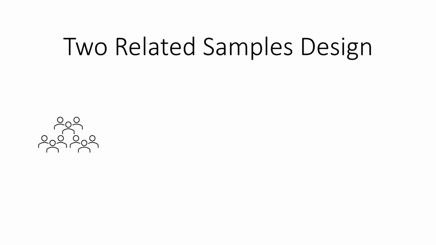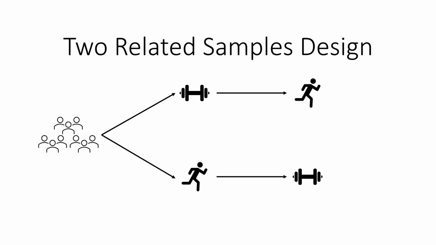We may have a sample of individuals that we want to compare interventions in. So this is the traditional crossover experimental design that you can select. For example, we might want to compare lifting weights versus running. So we have our individuals randomized so that one group lifts weights, one group does some running, and then they swap over and they do the opposite intervention, and then we want to compare these two.